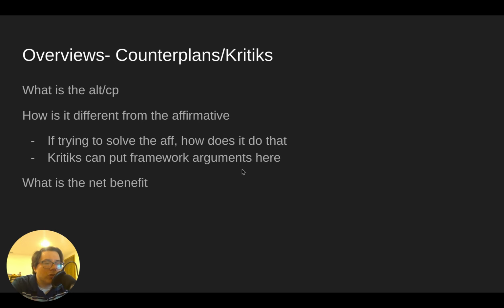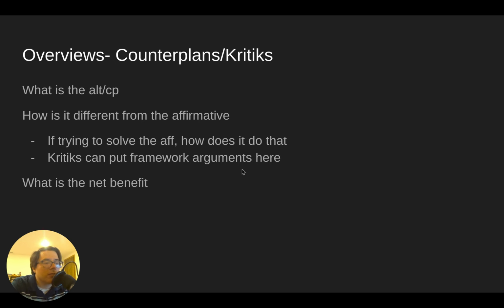What does it do? The second thing you're going to do is explain why it's different from the affirmative. What is that stasis point, that point of contention between the negative and the affirmative, that makes them not the same? And if you're trying to solve for the affirmative with your alternative or your counterplan, you have to explain how that functions.